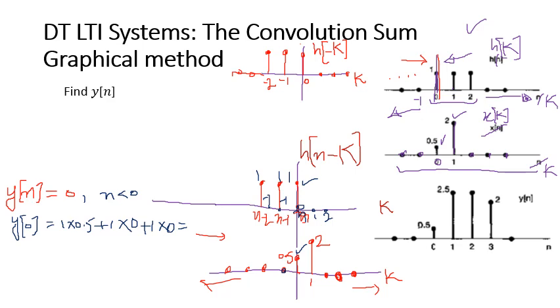Again, if you move this side, you see all of these are 0, and again all of these are 0. So 0 into 0 will result in 0.